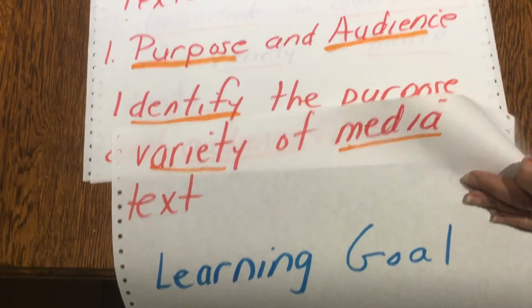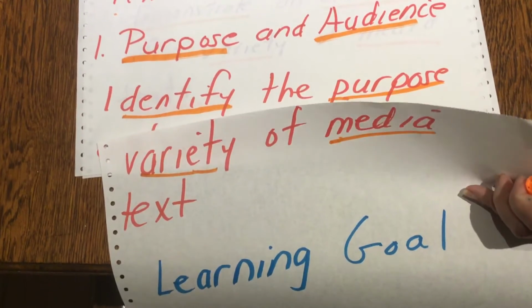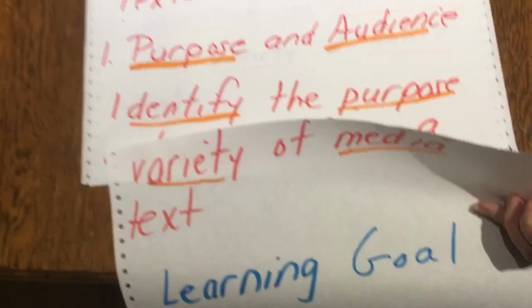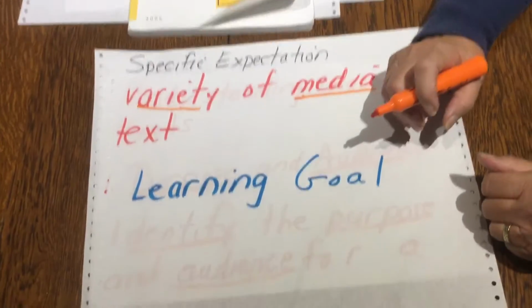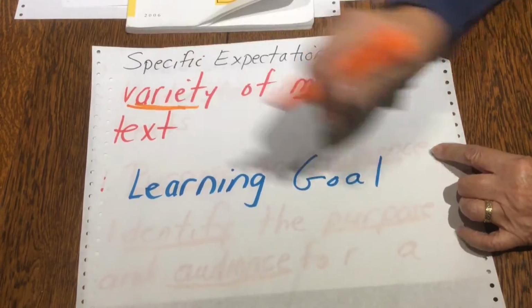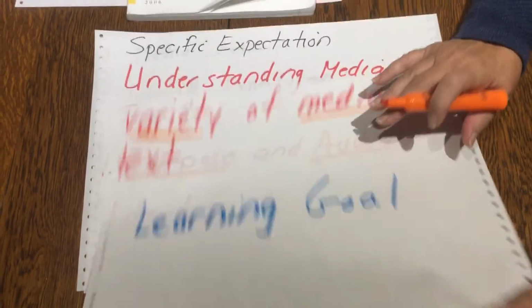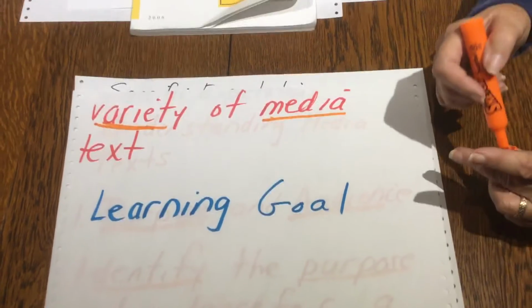To determine the learning goal, you can say at the end of this lesson, we're going to understand and identify the purpose and the audience for the media text of a video. So you don't have to do all the media text. You can be doing one variety. So the learning goal has been set.